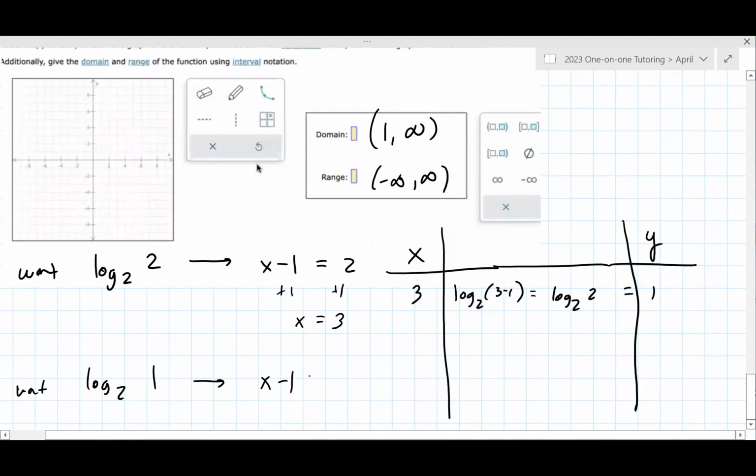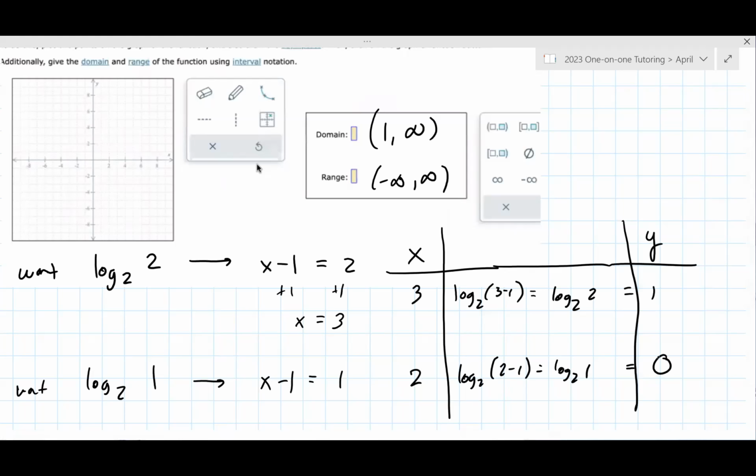So how do you get x minus 1 to equal 1? 2. So it becomes log base 2 of (2 minus 1), log base 2 of 1, which is 0. Okay, that makes sense.